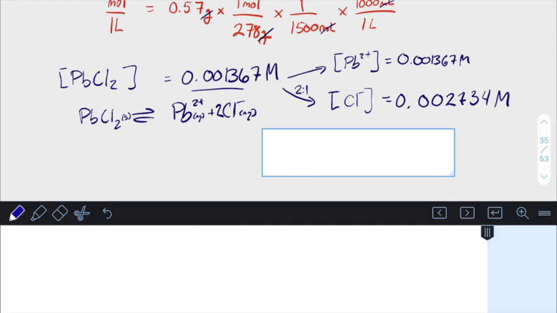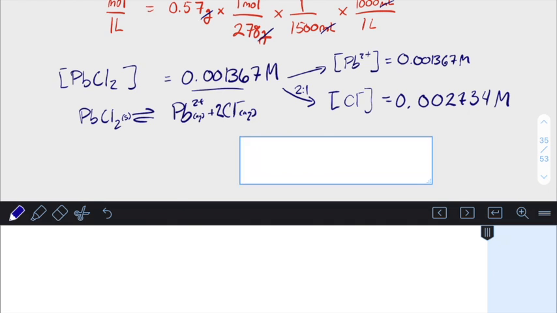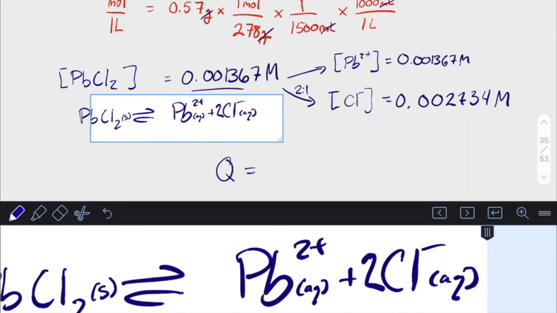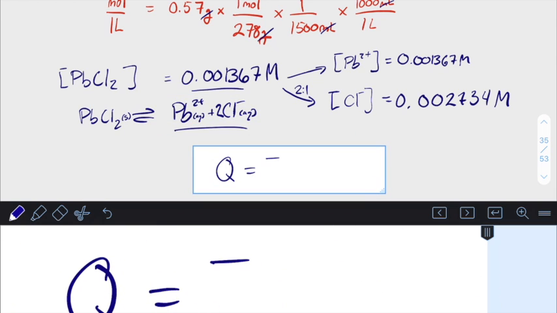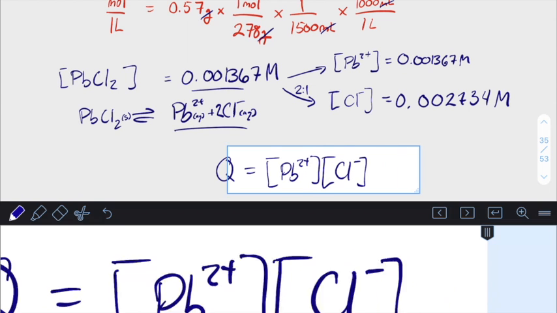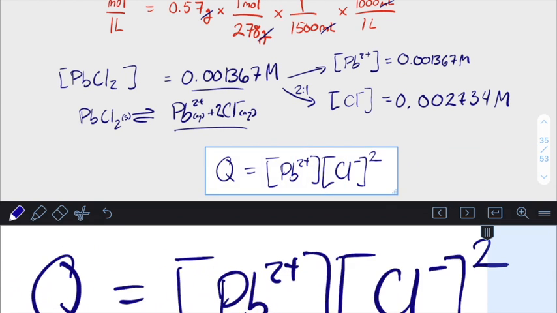And then what else do I have to worry about? I do have to worry about one other thing, don't I? Oh yeah, let's just do that Q calculation. Q here is going to be equal to, because of this equation, the concentration of lead times the concentration of chloride raised to the power of 2.